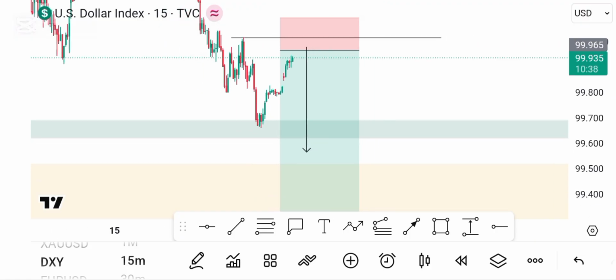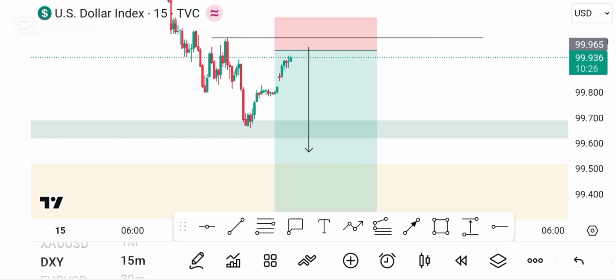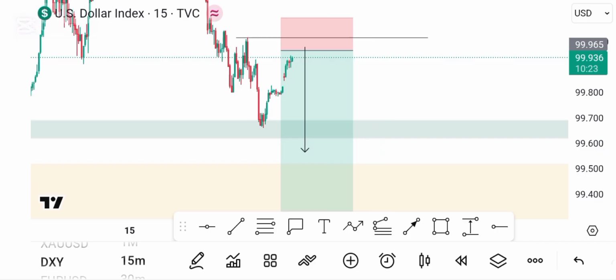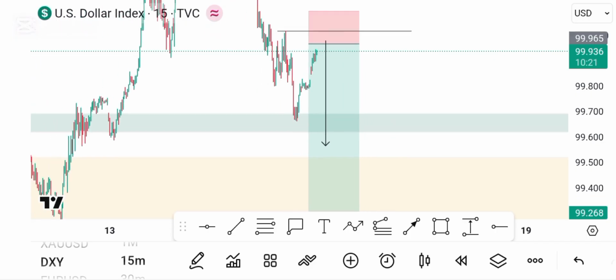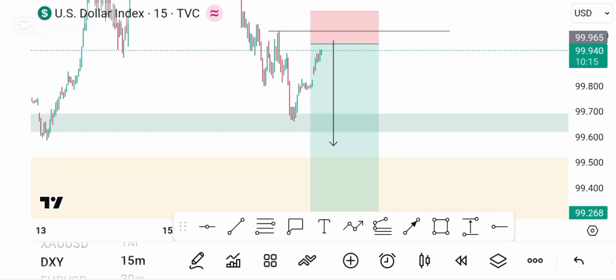But if DXY is identifying bullish, we should anticipate more of a buying price direction. Right now, from all indication we are on a retracement. So basically, from major currency pairs, we should be expecting a decline from the dollar currency.